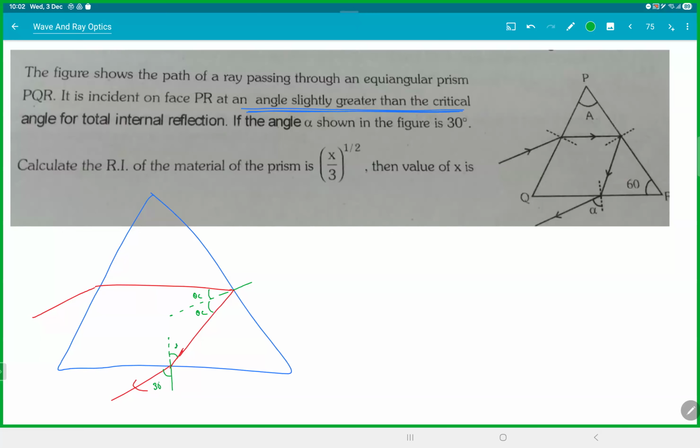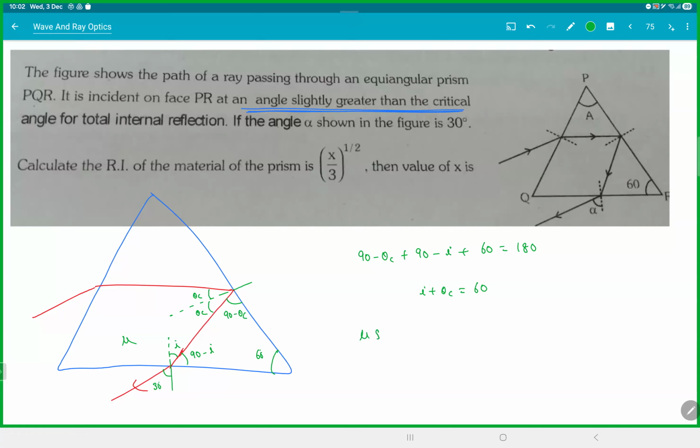This is 30 degrees. This is I. This is mu. It's an equilateral prism, so this is 60. This is 90 minus theta critical, and this is 90 minus I. 90 minus theta critical plus 90 minus I plus 60 is equal to 180. So I plus theta critical is equal to 60.